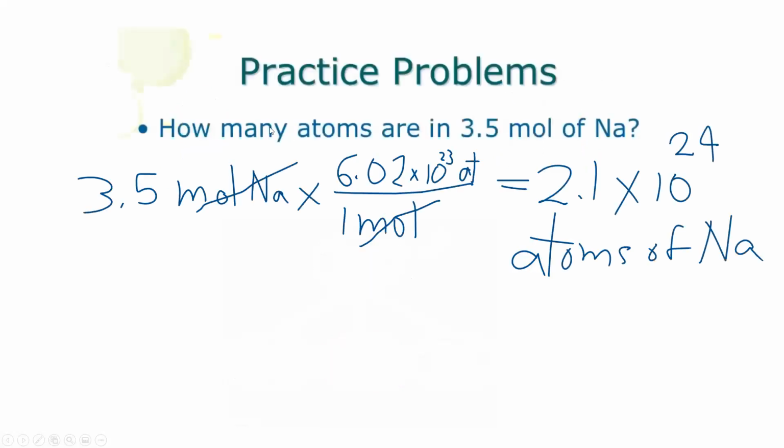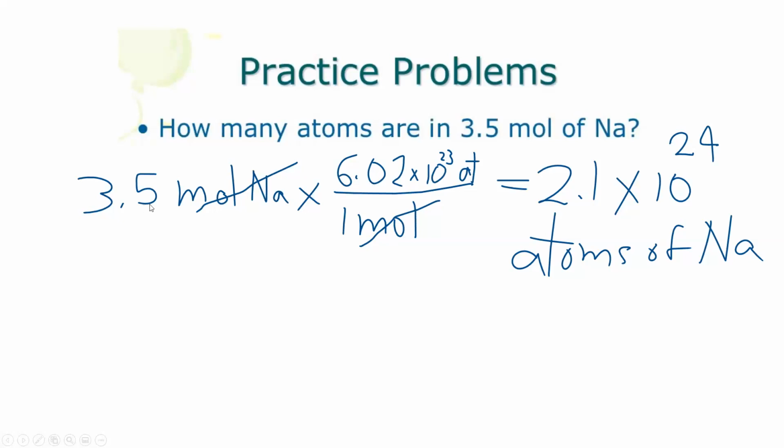Let's see an example. How many atoms are in 3.5 moles of sodium? You say, well, what is given? 3.5 moles of sodium. And you know that 1 mole is 6.02 times 10 to the 23 atoms of sodium in this case.